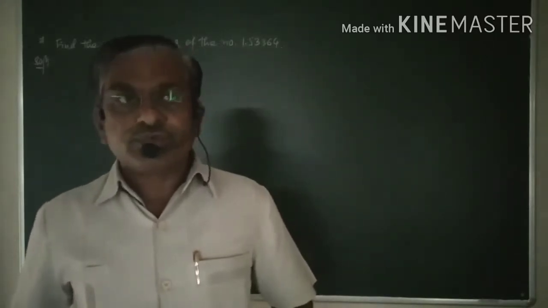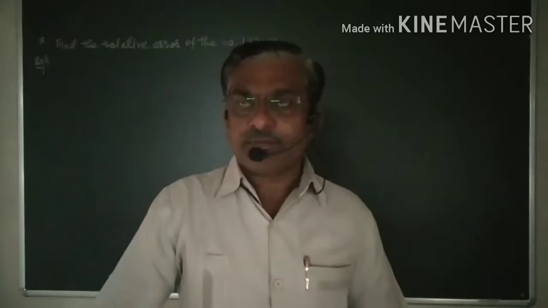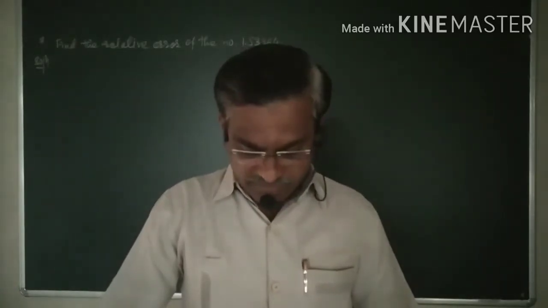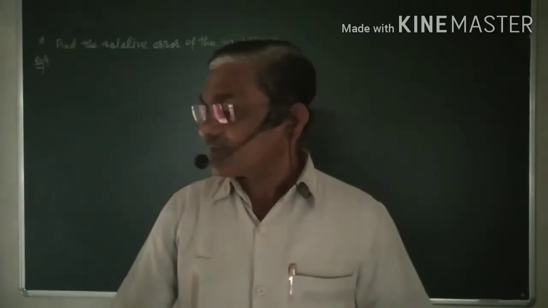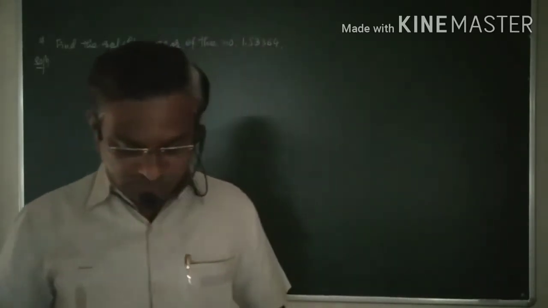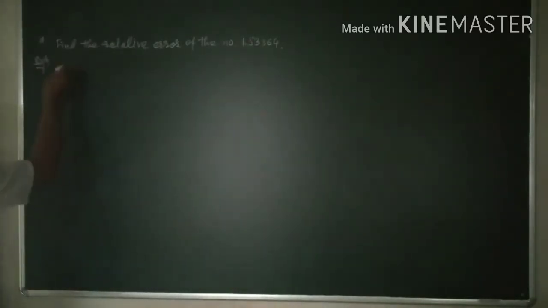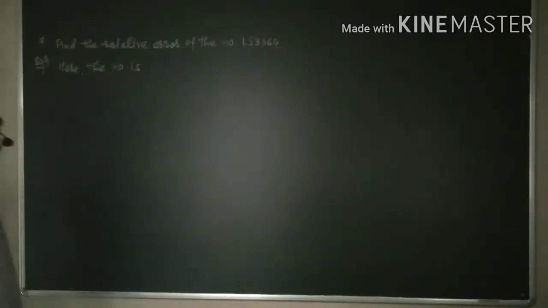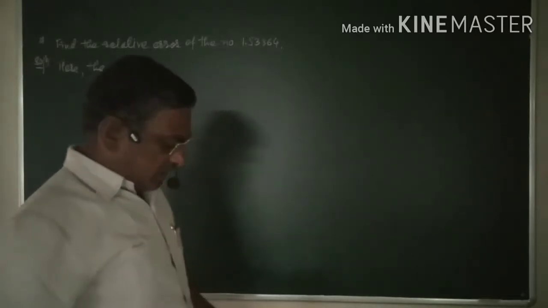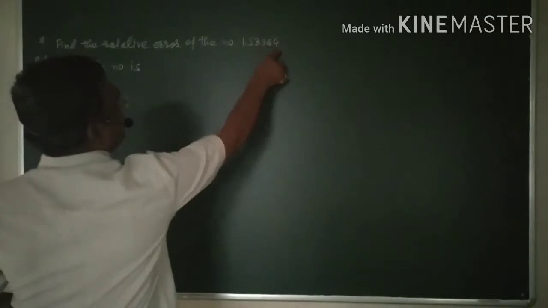You need to first of all consider the upper limit of the error, and hence you need to consider first of all the upper limit of this one. Now how to consider it? Let me write here, the number is 1.53364.